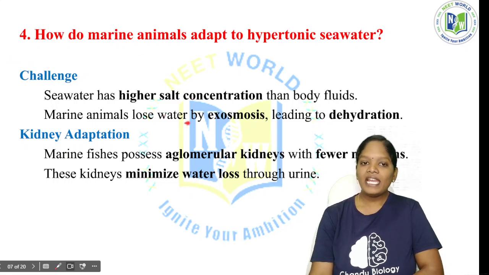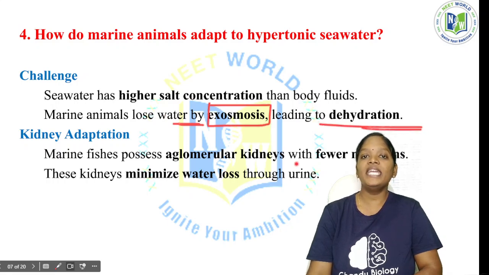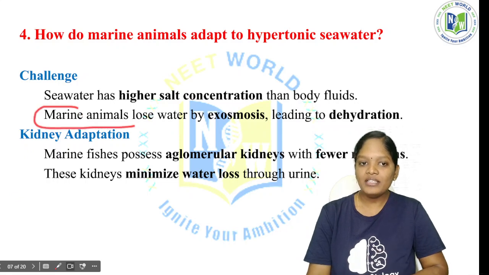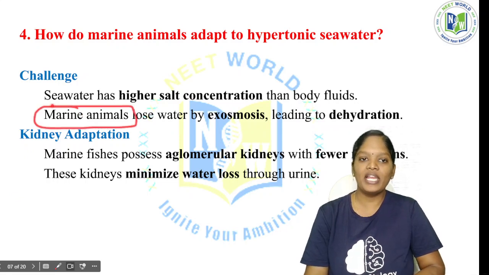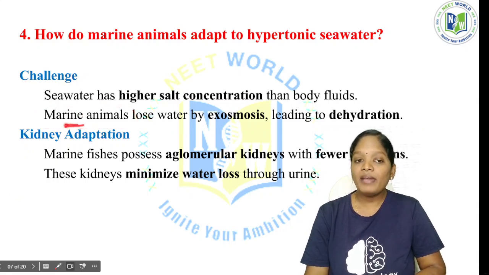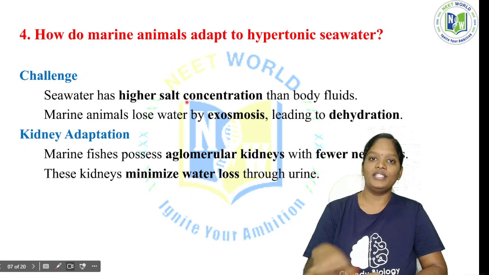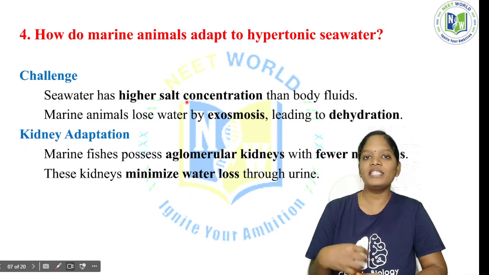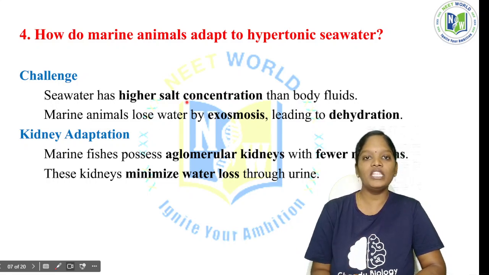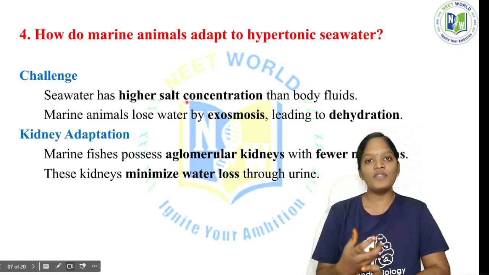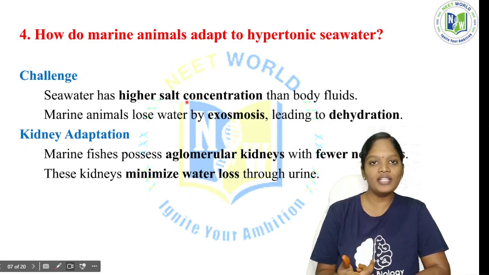Now these marine animals, the seawater-living animals, lose water by exosmosis, leading to dehydration. They have to eliminate more water so that the water will not be stagnant within the body. The desert animals reabsorb most of the water to make a concentrated urine.